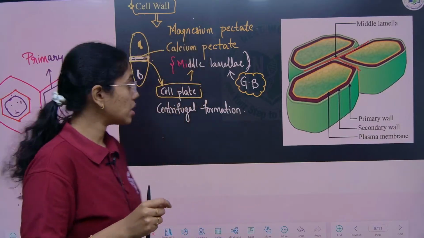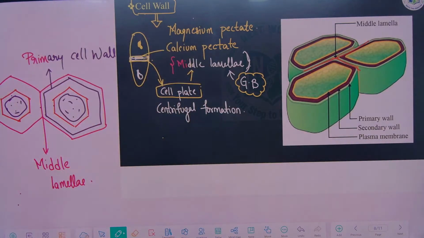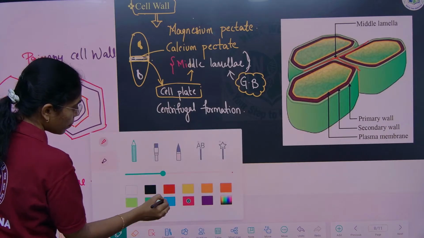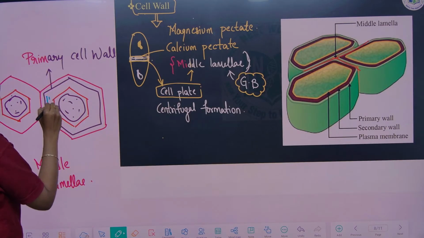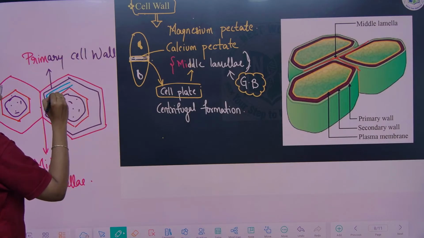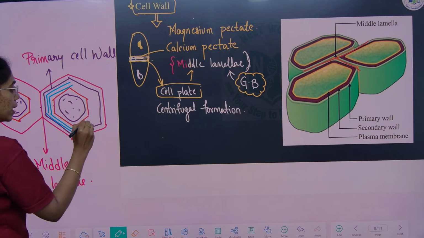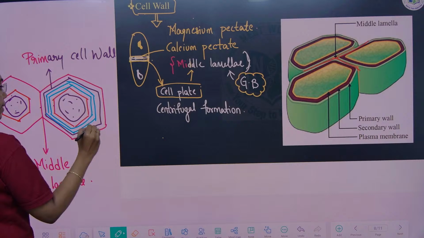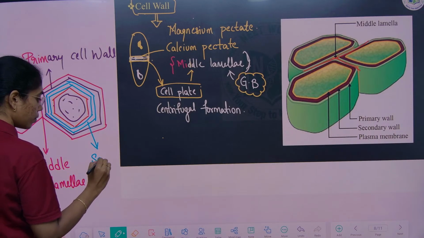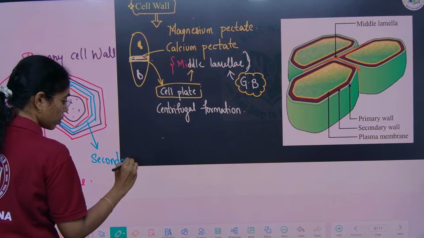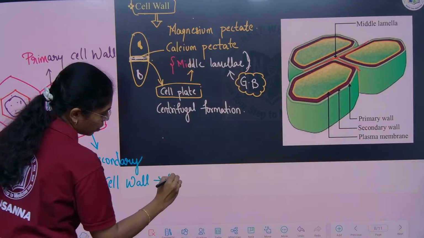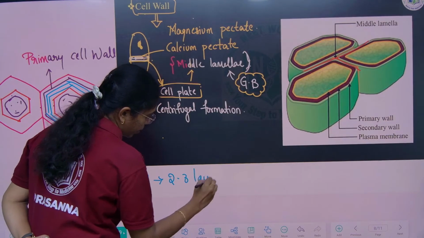Next to the primary cell wall, towards the inner side, secondary cell wall is formed, and the secondary cell wall can be of 2 to 3 layered.